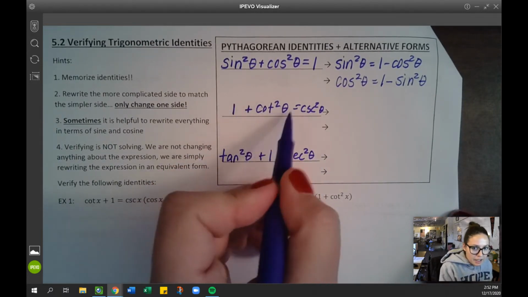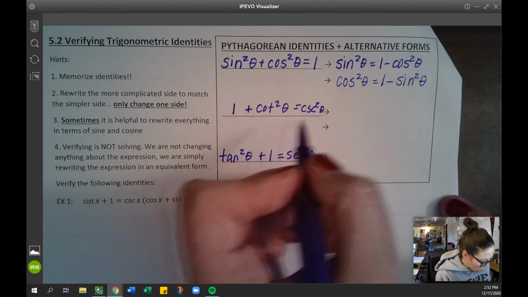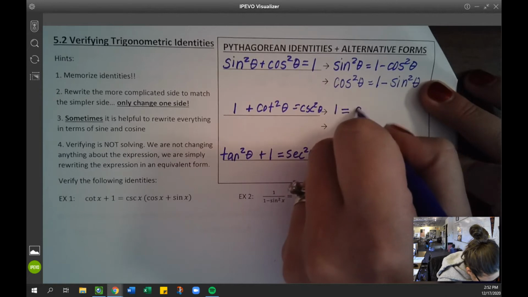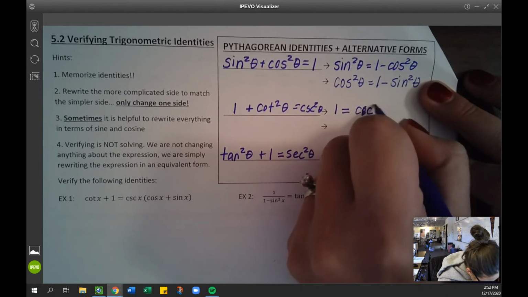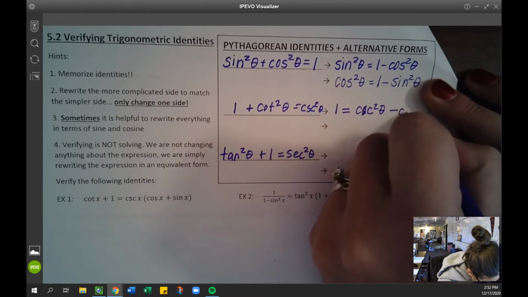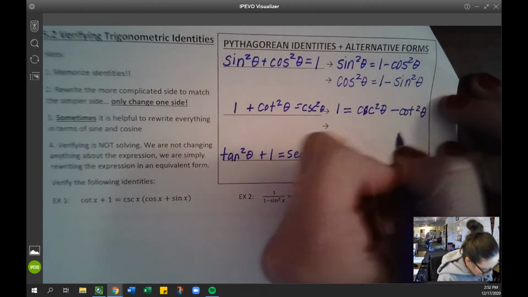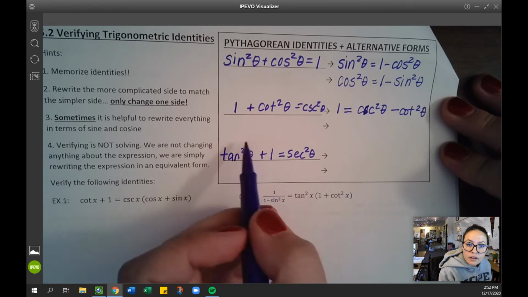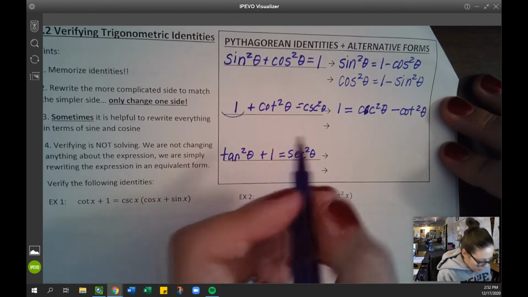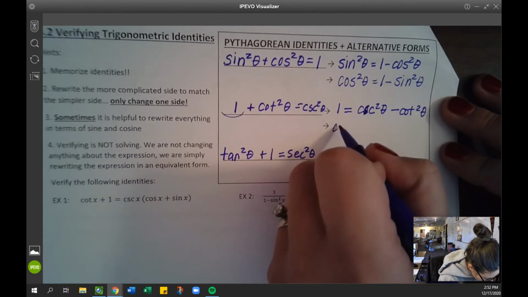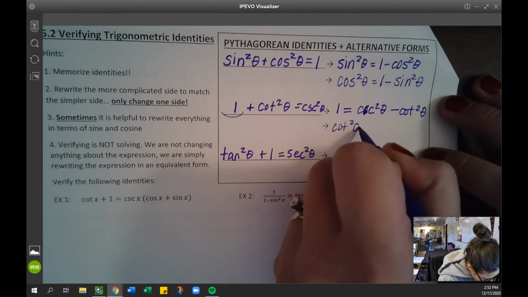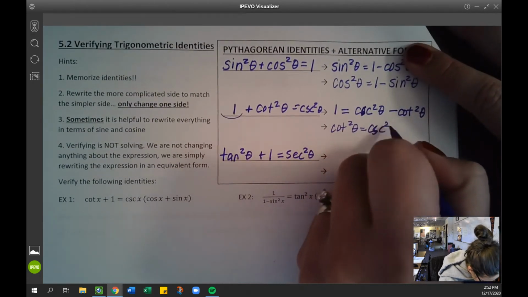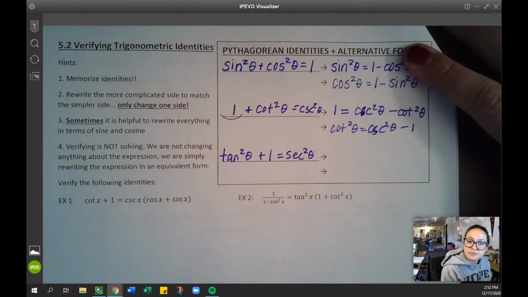Same thing. Let's say I move this cotangent term over. That would mean that 1 equals cosecant squared minus cotangent squared. Same thing if I move over the 1, cotangent squared is equal to cosecant squared minus 1.